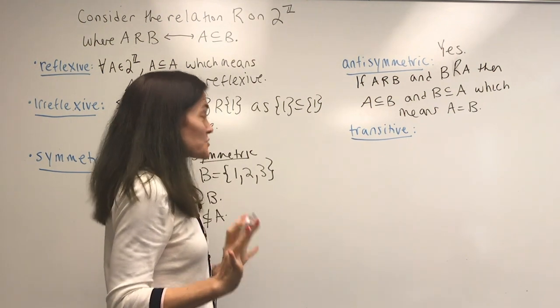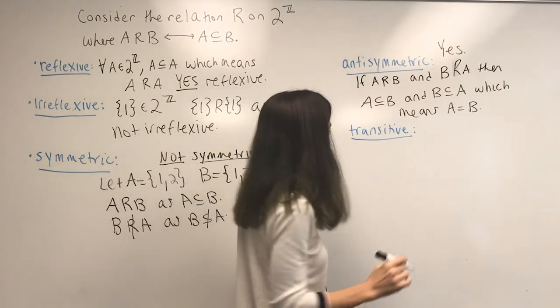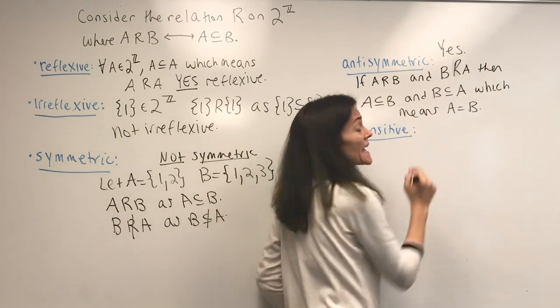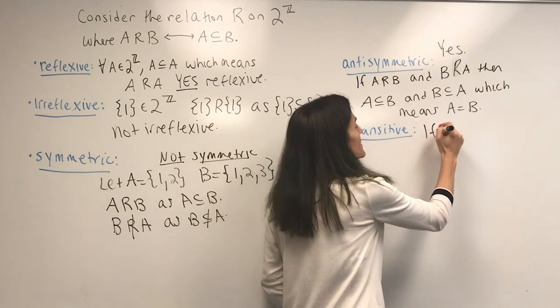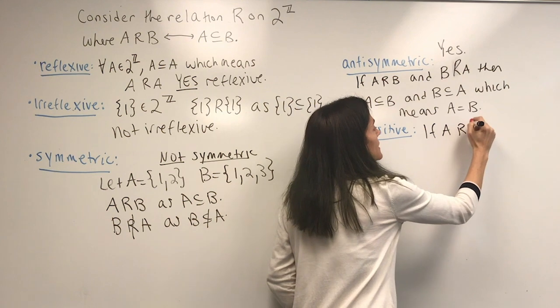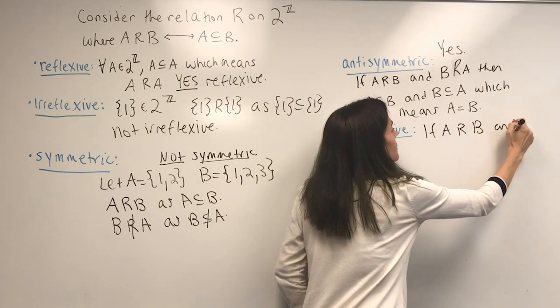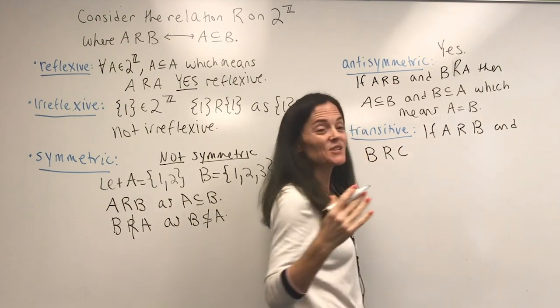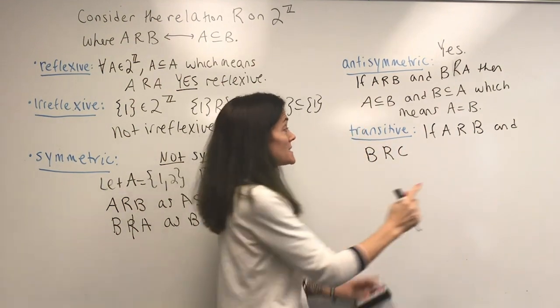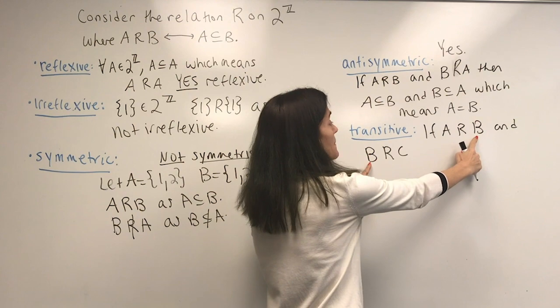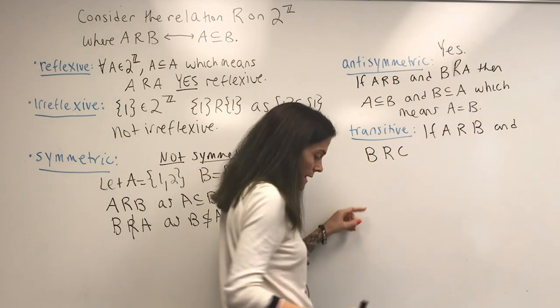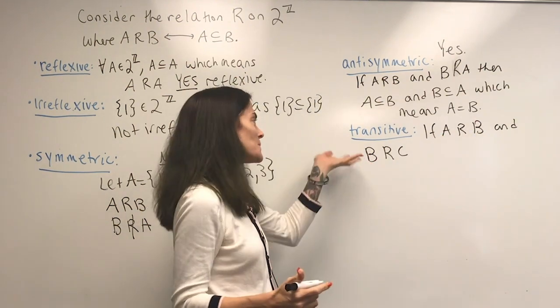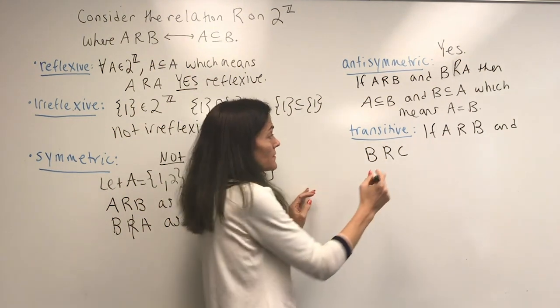Okay, now finally transitive. So this one, again, is an implication, but we say if A relates to B and B relates to C, now we need to conclude that A relates to C. Remember I say this, the middle ones match. Then A would relate to C. And if we can conclude that, then we say the relation is transitive.